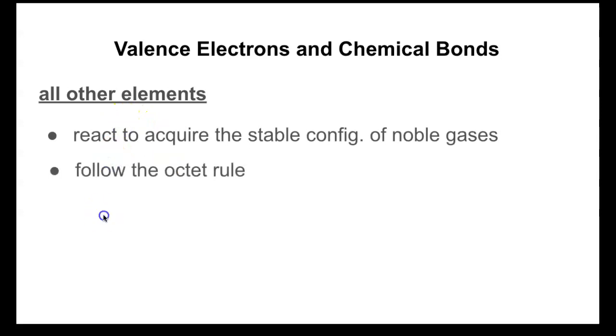They're going to react to acquire the stable configuration of noble gases. They want to look like noble gases. We call this a pseudo noble gas configuration, a false noble gas configuration. In order to do this, they follow the octet rule. If you remember the octet rule, they will lose, gain, or share electrons in order to get 8 valence electrons or a full outer energy level.